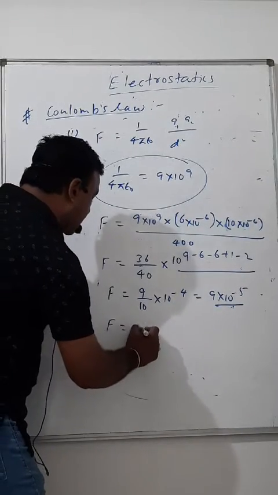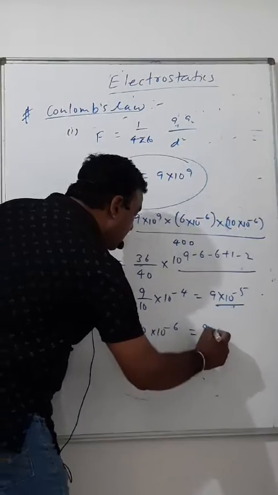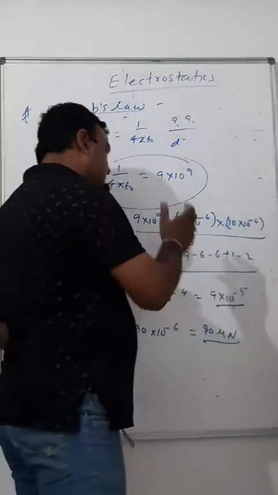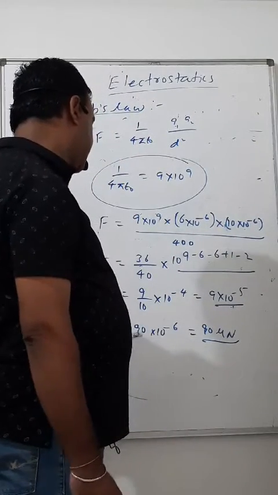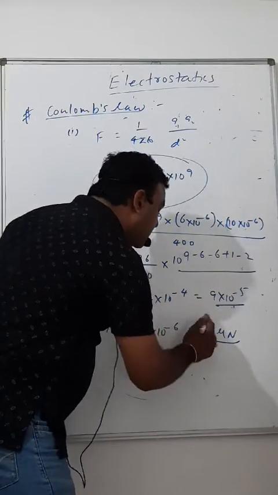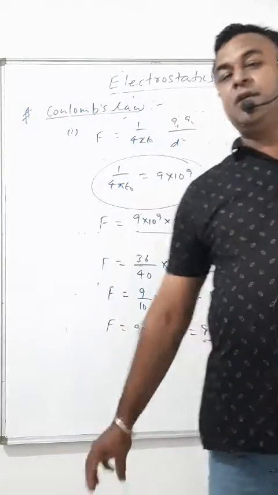I can call it 90 into 10 to the power minus 6, that is 90 micronewton. Now, what was the value of K?